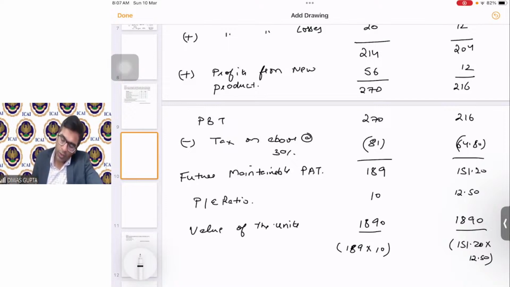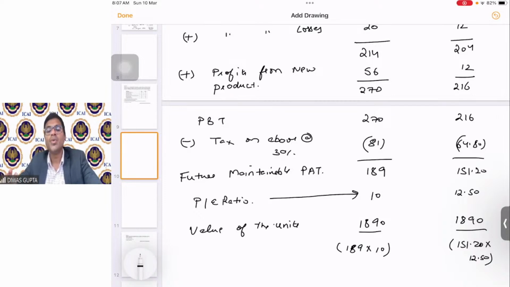Should we look at the other parameters? The other important parameter is PE ratio. Higher the PE ratio, better it is. Lower the PE ratio, it is disadvantageous.